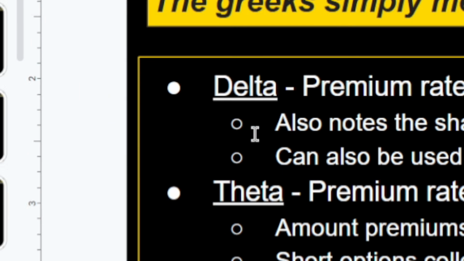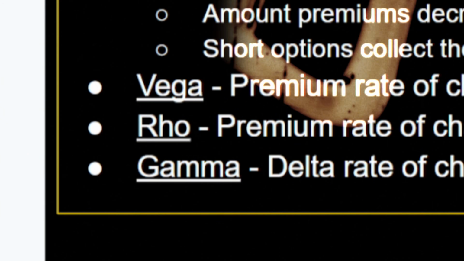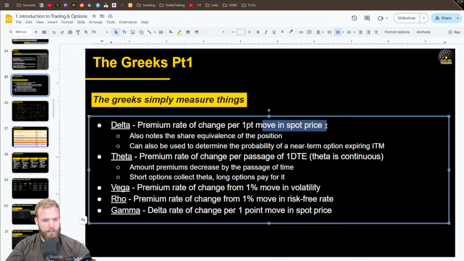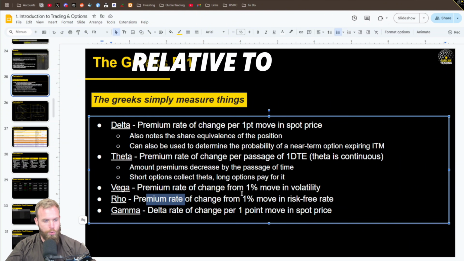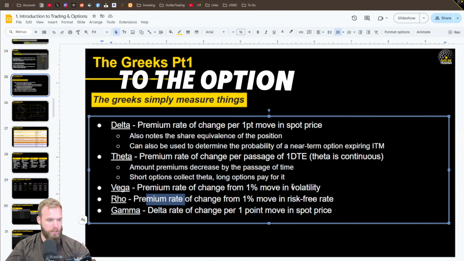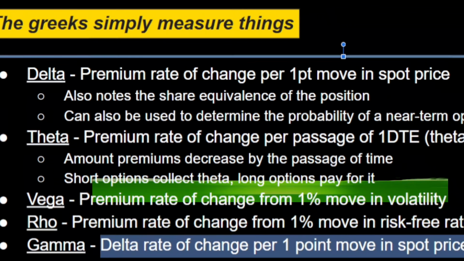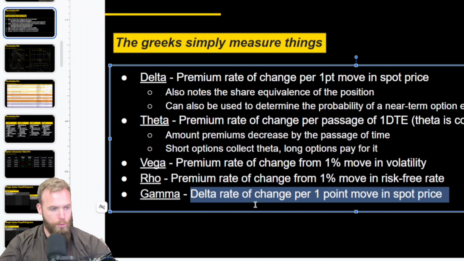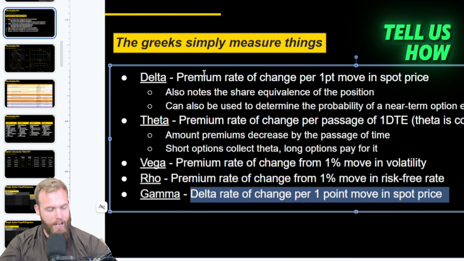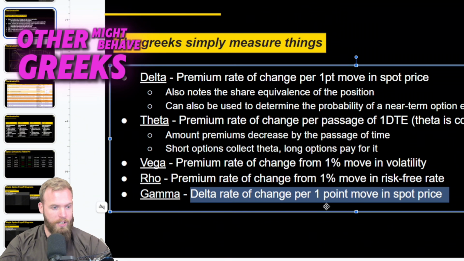Notice how for delta, theta, vega, rho, it has everything to do with premium rates of change relative to something pertaining to the option. Notice how gamma is not the premium rate of change, but the delta rate of change. So second order Greeks tell us how some of the other Greeks might behave given movements.